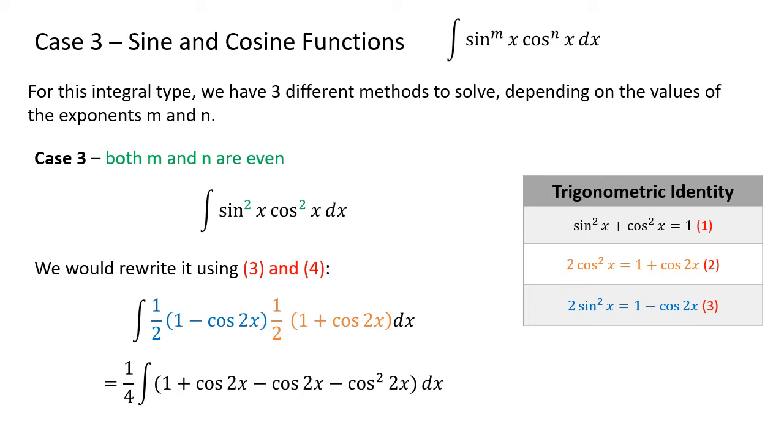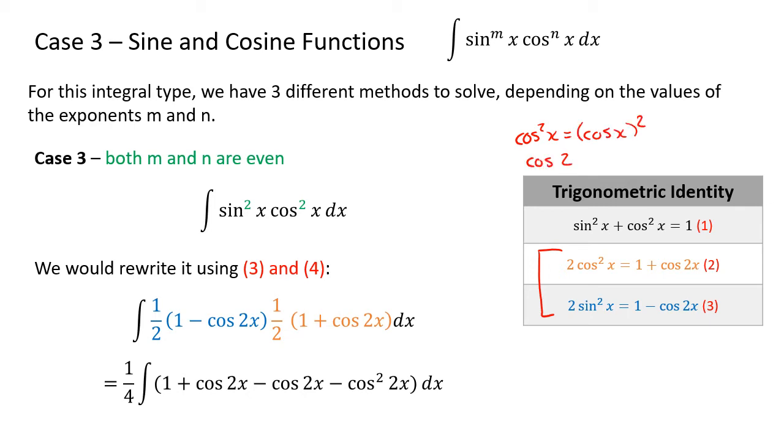So in this case, we're going to use the other two trigonometric identities that you see listed in this table. 2 cosine squared of x equals 1 plus cosine of 2x. Keep in mind that the difference between these is cosine squared of x is actually cosine of x all squared.